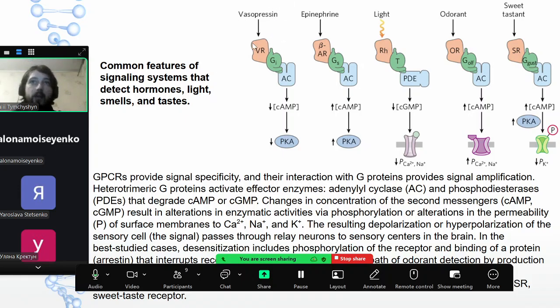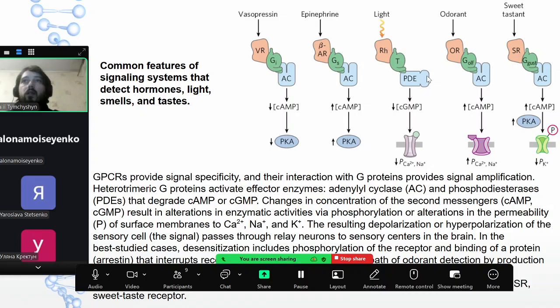We have a receptor, a G protein, Gi, and adenylyl cyclase, which is inhibited, so it leads to a decrease in cyclic AMP, the second messenger, which leads to decreased activity of protein kinase A. Here you have epinephrine, connected to Gs. It looks similar, but cAMP goes up and protein kinase A activates.